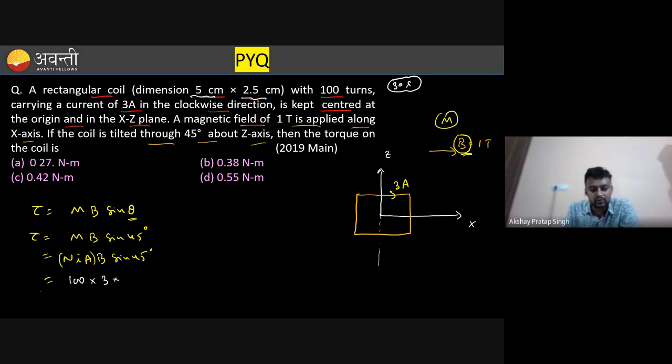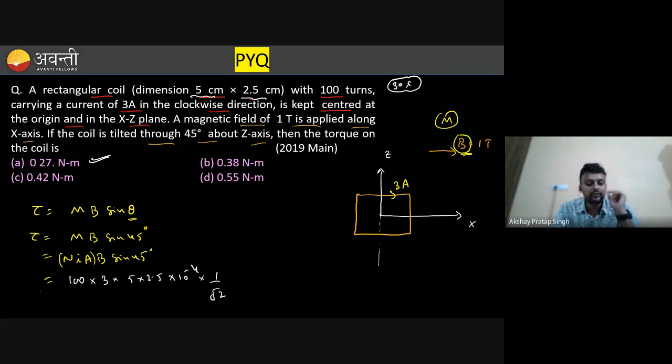So you can place the values 5 into 2.5 into 10 raised to the power minus 4, into sin 45, which is 1 by root 2. Now I have placed all the values. Your task is to just simplify it. After simplifying, you will get the answer, and that answer will be approximately option A. If you solve it, you will get option A.